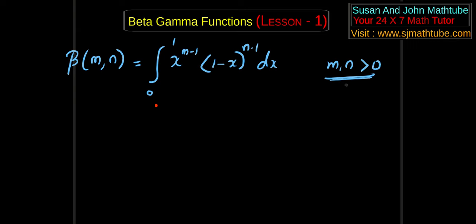Remember, I did not use the word integer, I just said positive. So basically m and n stand for any positive number. Okay, so this is called the beta function.